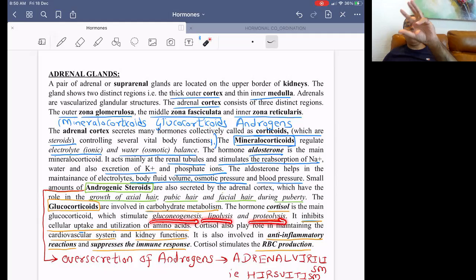Gluconeogenesis is the conversion of non-carbohydrate substances into glucose. तो याद है thyroxine had converted fats into glucose. Cortisol will also do lipolysis, breaks down fats and converts fats into glucose.